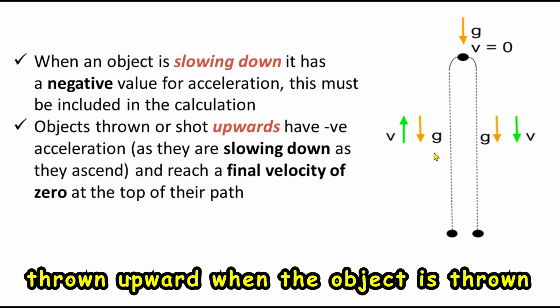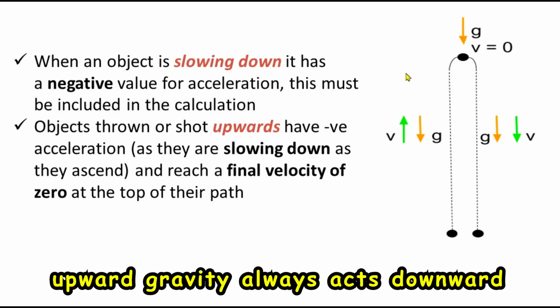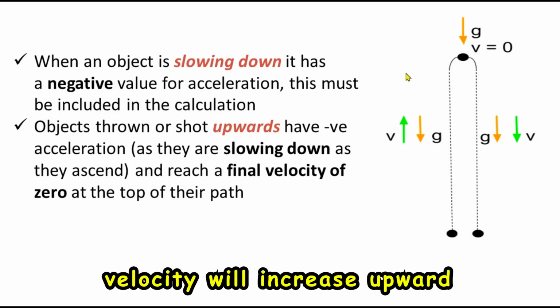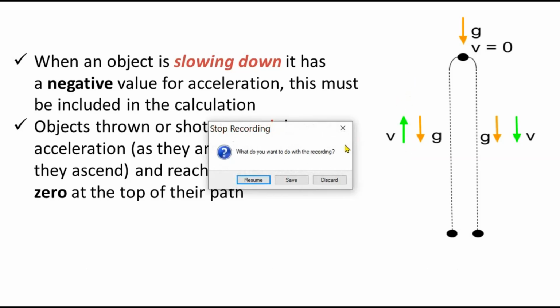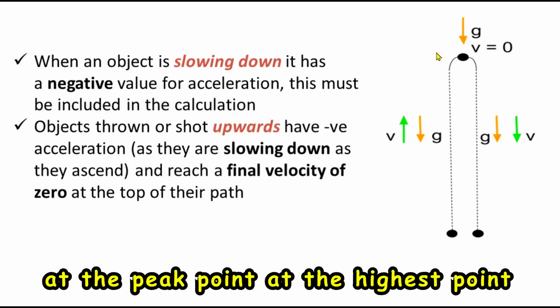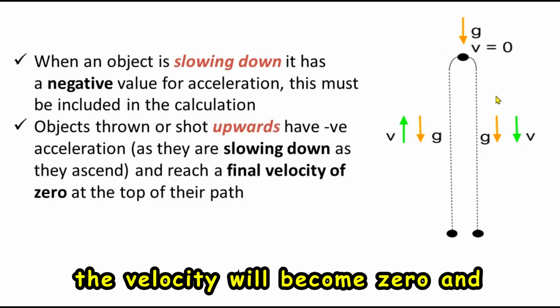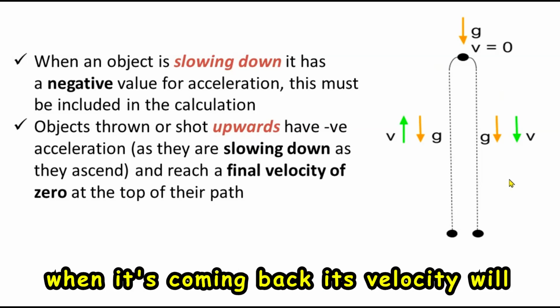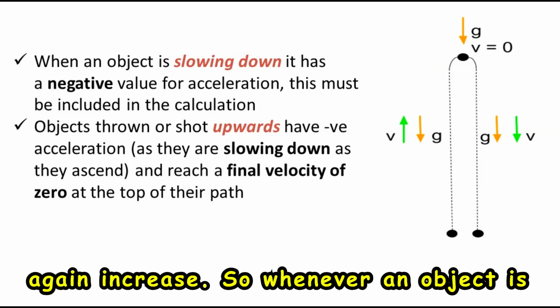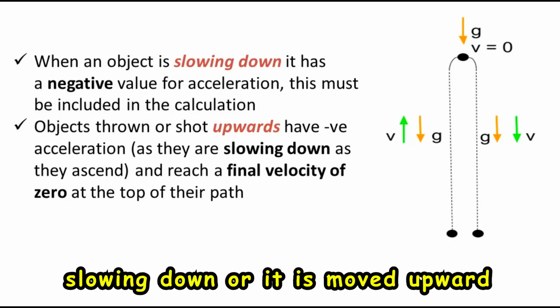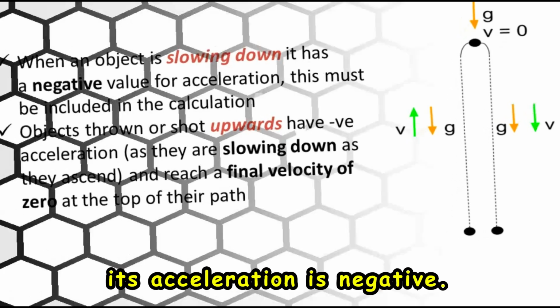When the object is thrown upward, gravity always acts downward. At the peak point, the highest point, the velocity will become 0. And when it's coming back, its velocity will again increase. So whenever an object is slowing down or moving upward, its acceleration is negative.